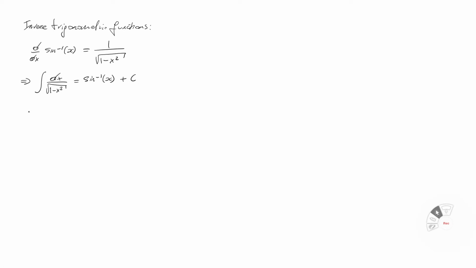And then by the same token, by looking at the derivative, we also have that the integral of 1 over 1 plus x squared is the inverse tangent function plus c.